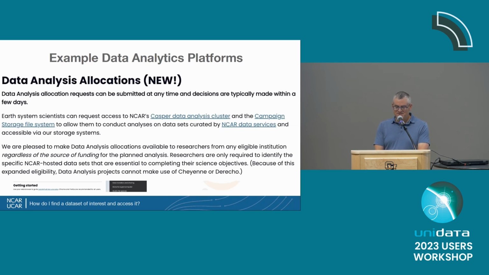And these allocations are available to researchers from any institution, university, for instance, regardless of the source of funding, as long as you identify the specific NCAR hosted data sets that are essential to completing your science objectives. So anyway, I really would suggest users, if you're familiar with the NCAR systems, to get on there and do that instead of trying to download data.